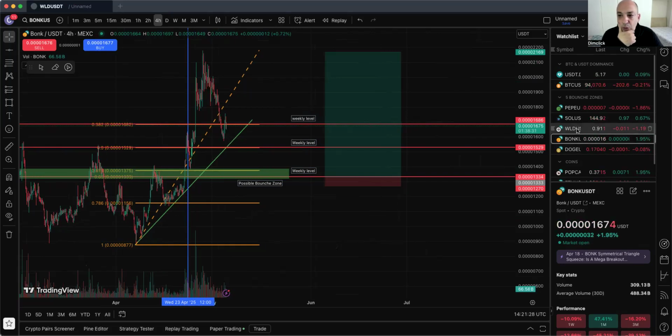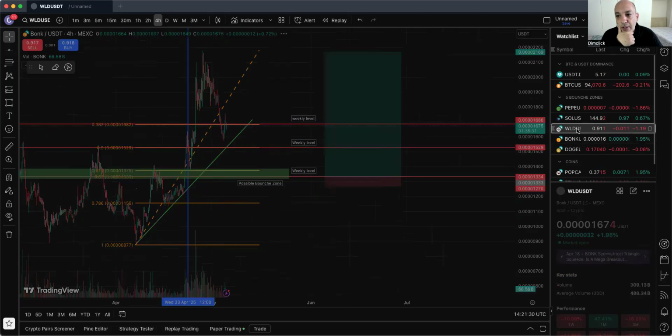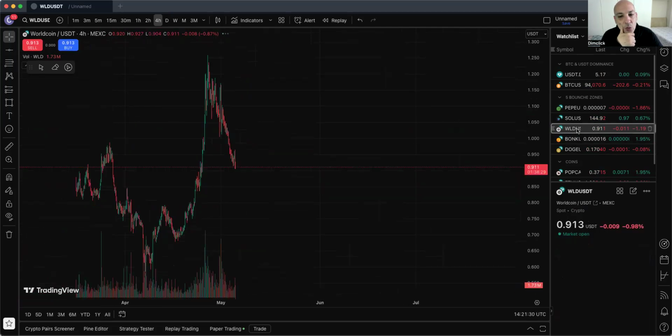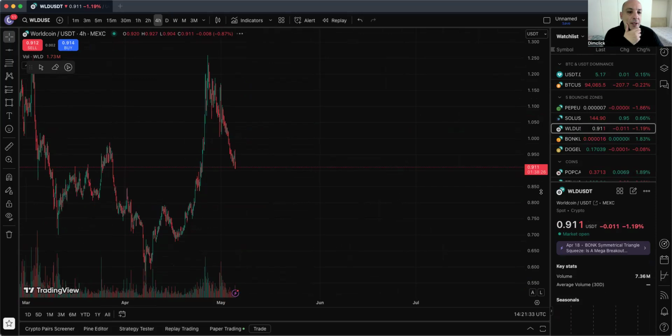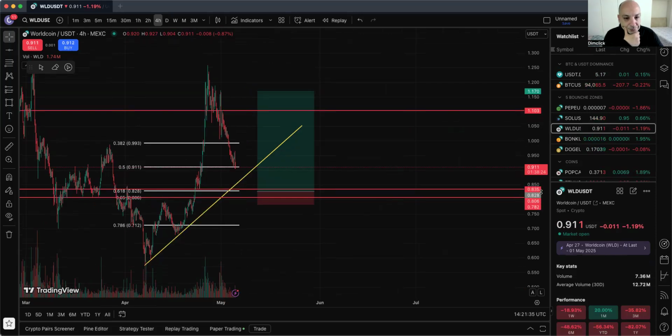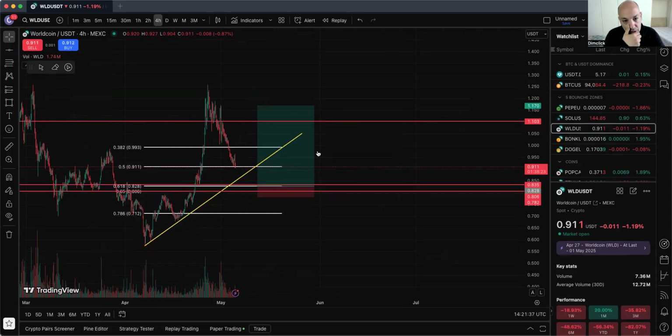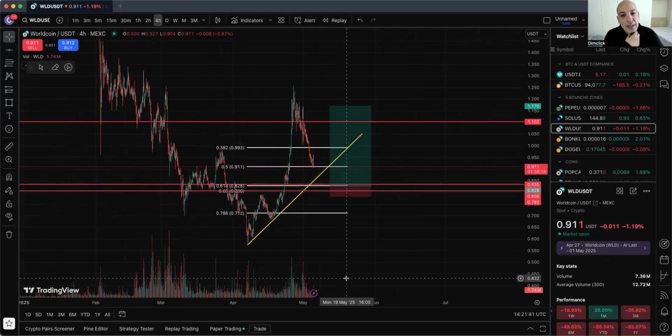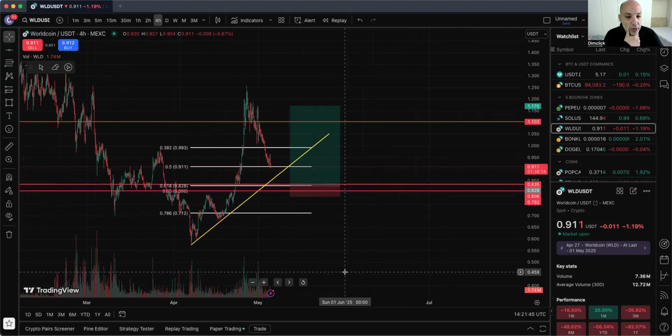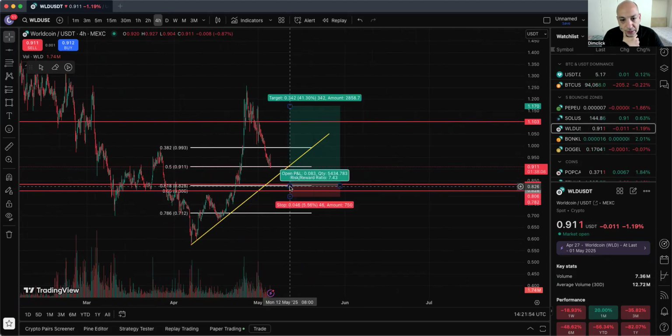Another coin I would like to see is WLD. It's Worldcoin. This made a very good move. So you see here I have marked my fib levels. I always do it on all my trades. WLD will bounce somewhere around here.